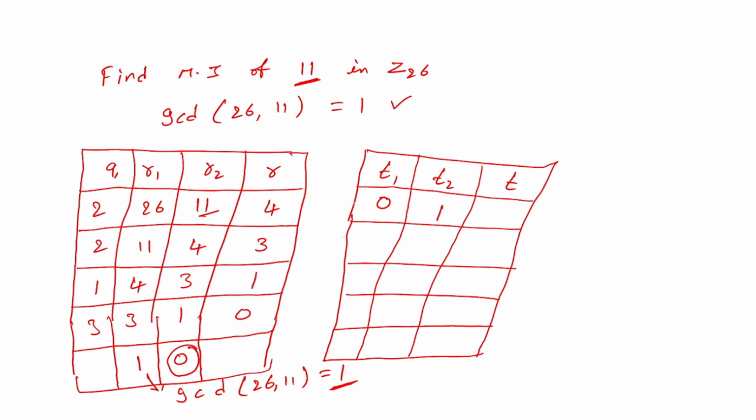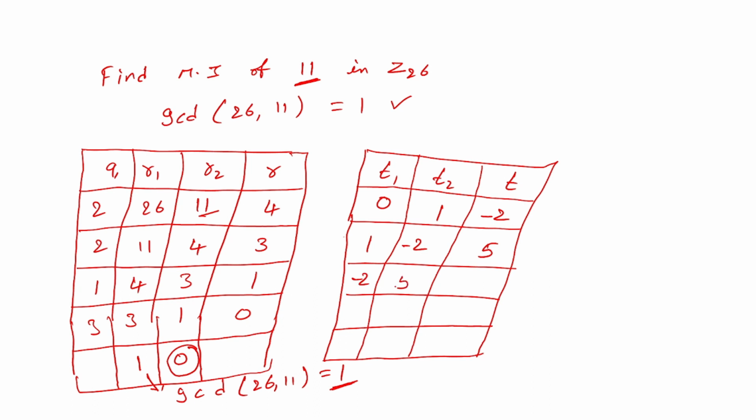Quotient is 2. 0 minus 1 into 2, minus 2. 1 minus 2. 1 minus 2 into minus 2, minus 4. 5.